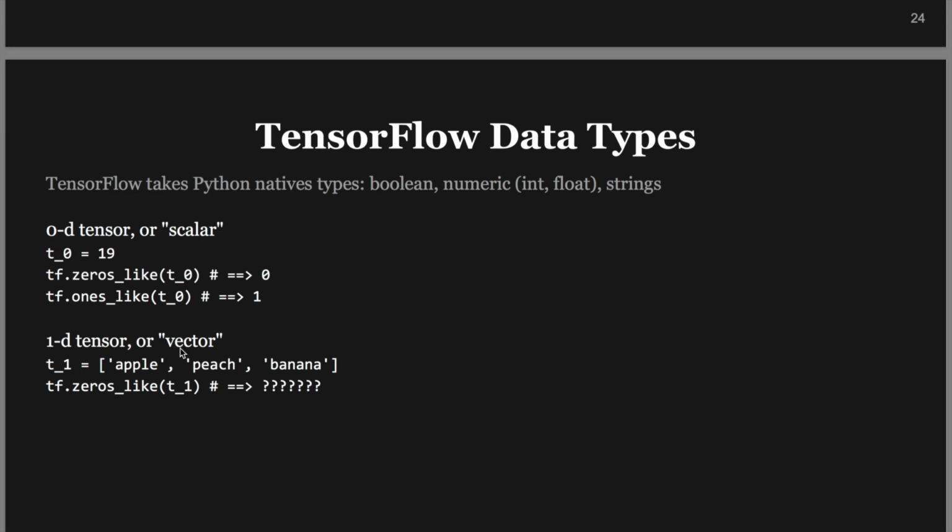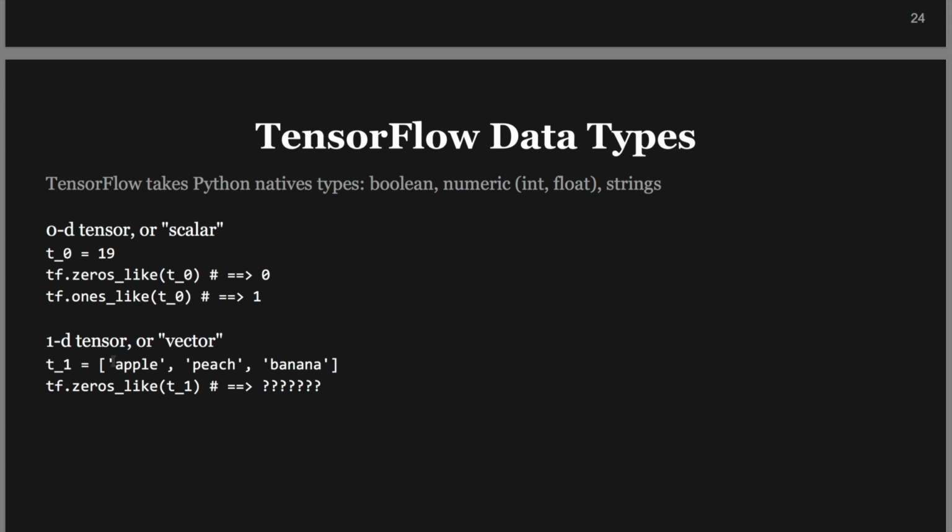Now, this is interesting. If you have a vector of strings and we come up with an op which says tf.zeros like this vector, what do we expect? Can we come up with a zeroness concept for strings? It's probably going to be empty strings.